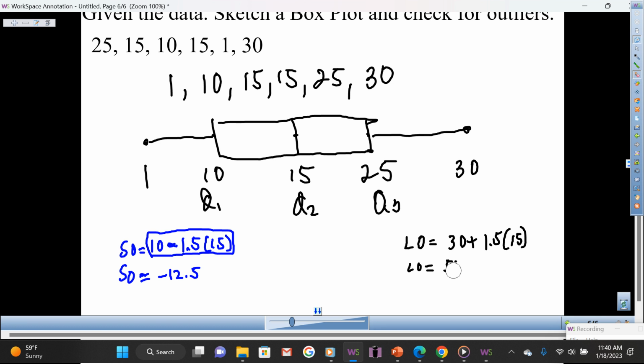Training. Should be what? 25. Okay. 25, which is the Q3, right? All right. So 1.5 times 15 plus 25, that gives us what?